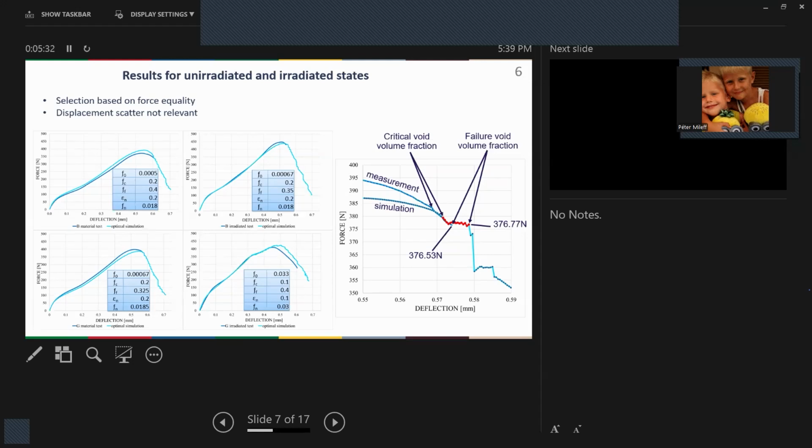With that evaluation, we acquired 4 different GTN parameter sets for our 4 materials. We also saw that the displacement scatter wasn't relevant at all with this evaluation criteria that we used.